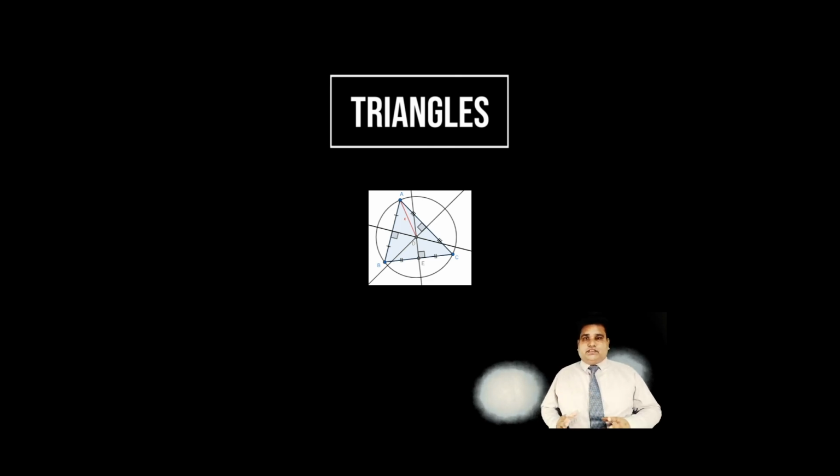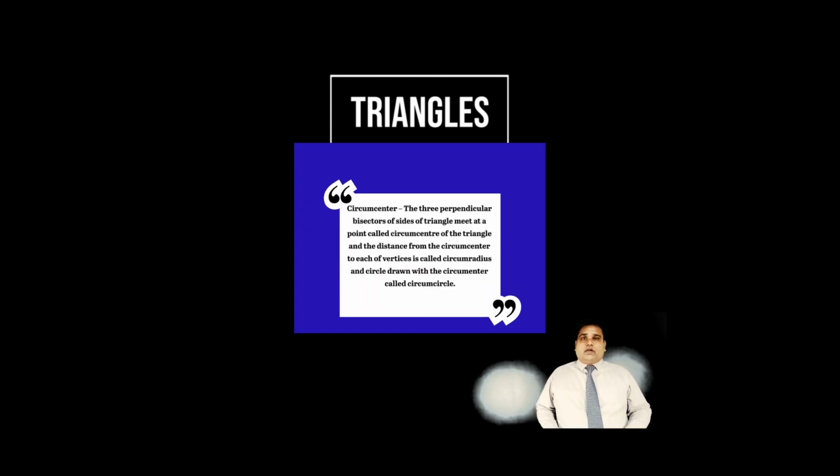We are taking triangle ABC and the perpendicular bisectors of sides AB, AC and BC. Where all three meet, that point is the circumcenter, and the circle we are forming is known as the circumcircle, and its radius will be known as the circumradius.